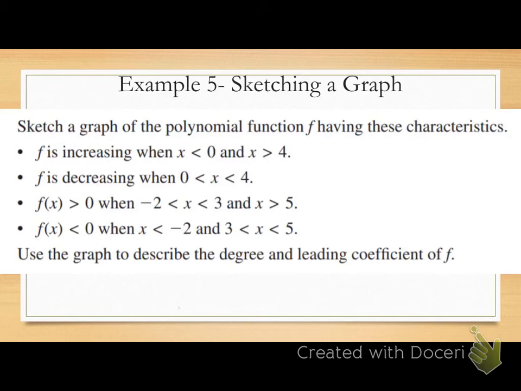Second characteristic, f is decreasing when x is less than 0. Oops, nope. When x is between 0 and 4.